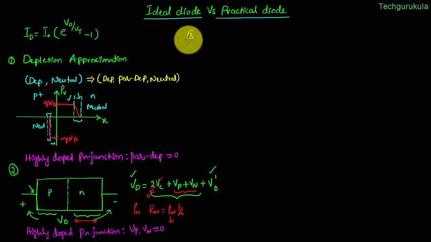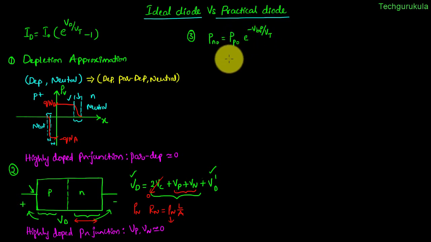Coming to the third assumption, under thermal equilibrium, we had an equation which said Pn naught, the minority carrier concentration on N side, is related to the majority carrier concentration on P side by this equation. This is called the junction law, which relates the carrier concentrations of the same type on either side of the junction by the potential across the depletion region.